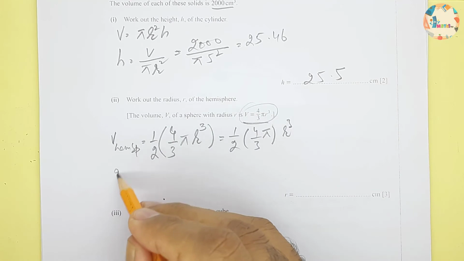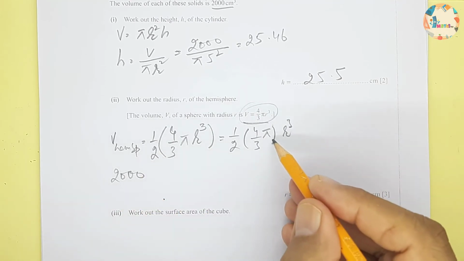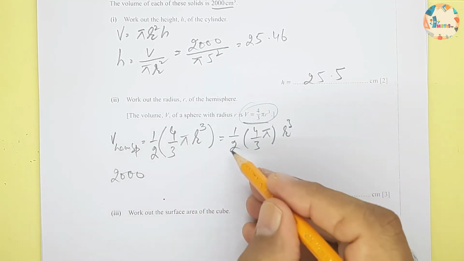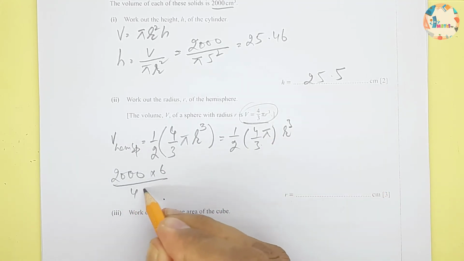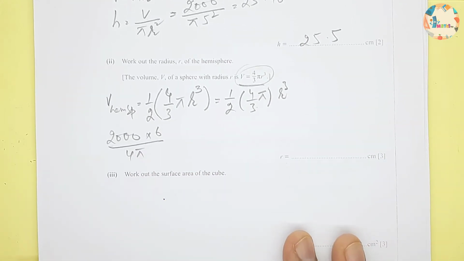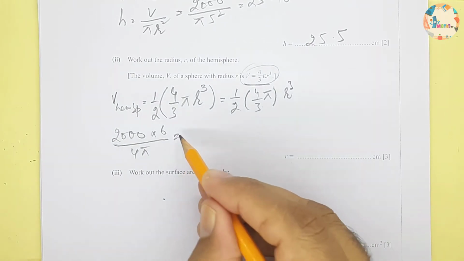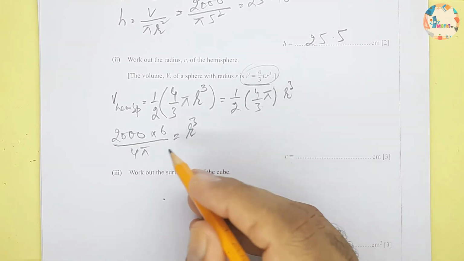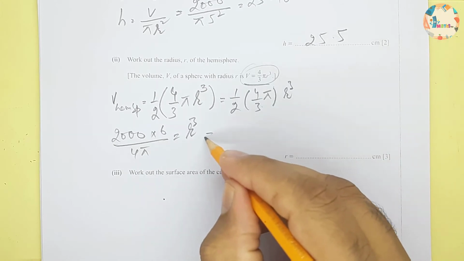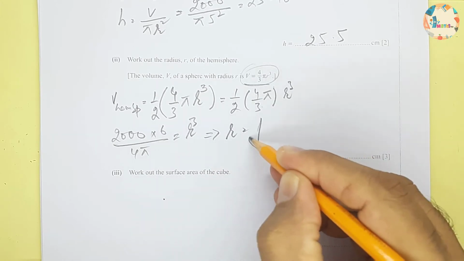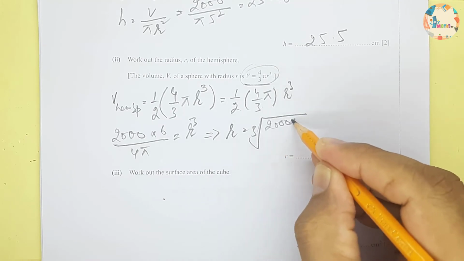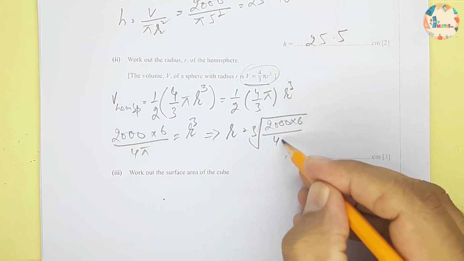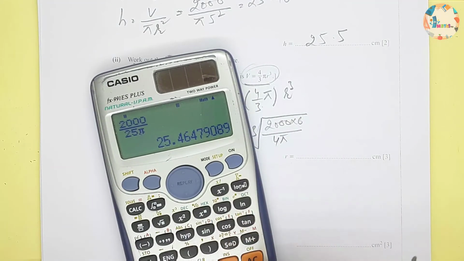Basically we have to find r, so we can write r cubed. So 2000 equals this, and we can shift the 2 and 3 to this side, and 4 pi will be the denominator, and this will be equal to r cubed. So this implies r is equal to the cube root of 2000 into 6 over 4 pi, and we can calculate this.